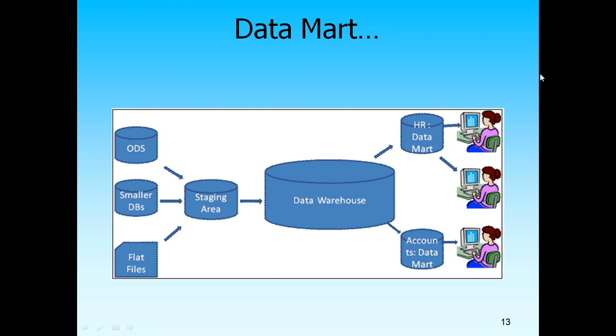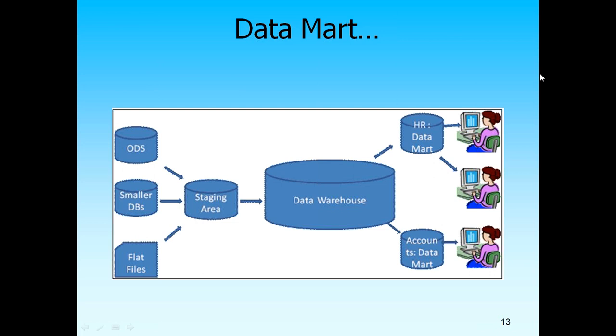For example, top level management has different kinds of users. Those users may not have complete data warehouse access. Those guys want to see some data related to HR, and accounts guys want to see accounts related data.